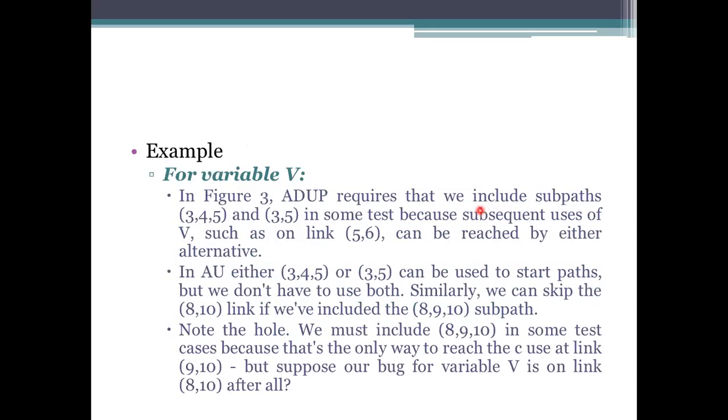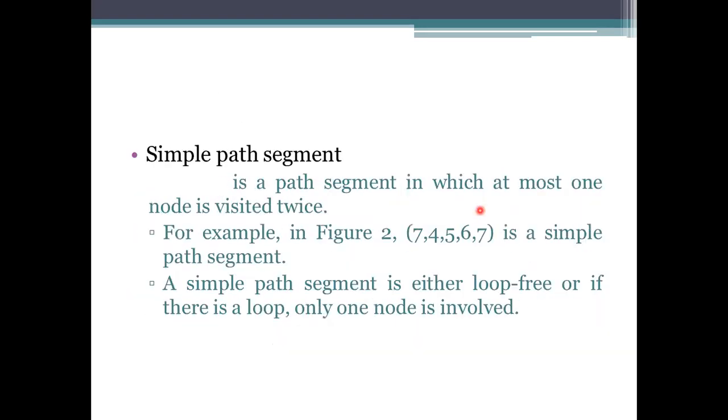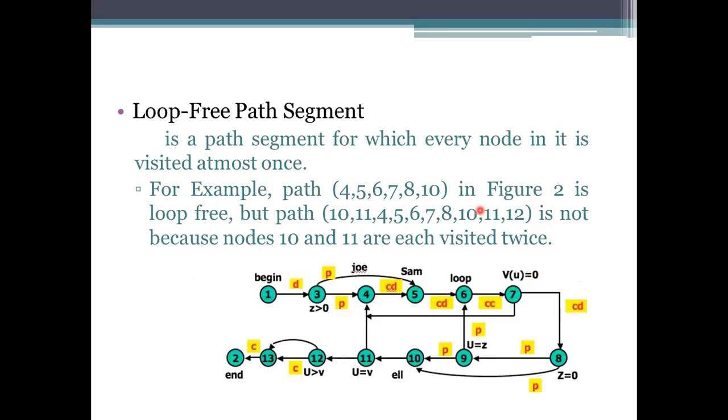So here, see here, in this representation, this defined one is being used in the predicate. All the defined variables used in predicates have to be searched here. So this defined one is used in a predicate.